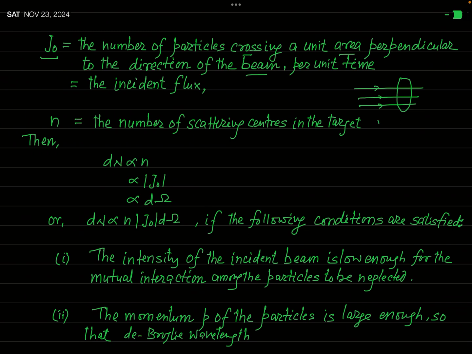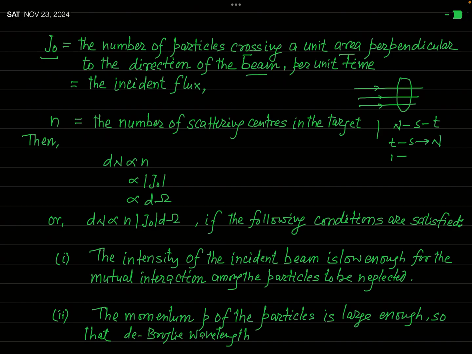If the total number of particles which strike the area S in time t is n, then in time t through area S the total number of particles passing is n.